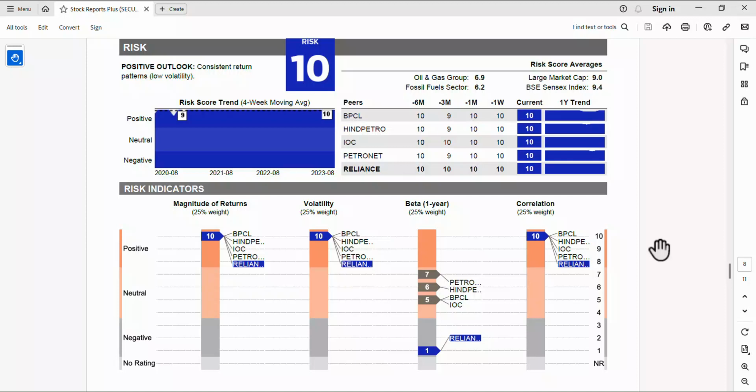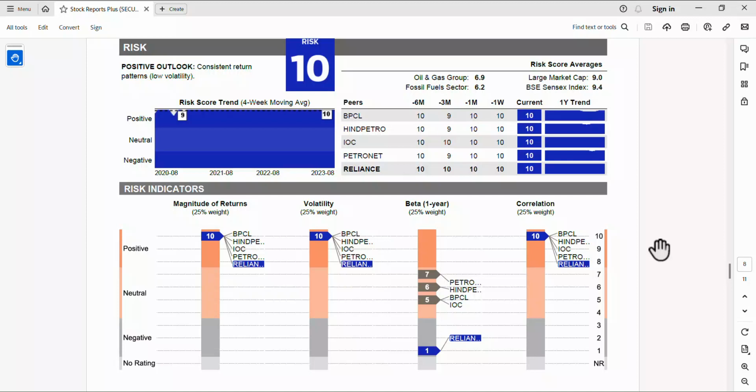So the correlation is 1. 1 means highest correlation. Have you read about correlation anywhere? It can be 1, it can be 0, or it can hover between 0 and 1. 1 is the most highly correlated. So if you buy everything which is correlated to each other, if anything falls, everything is going to fall, and you will not get a return.